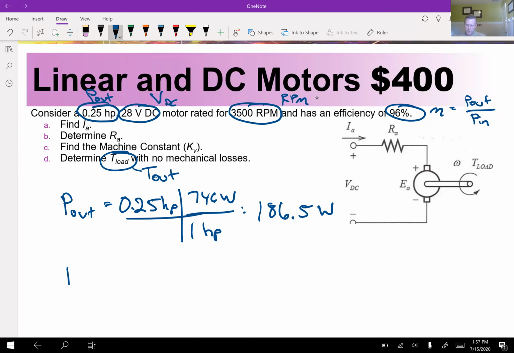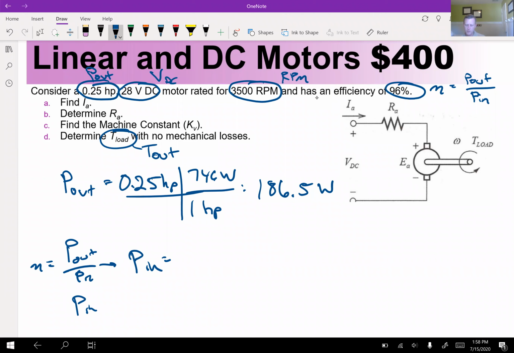I have eta is P out over P in. So if I needed my P in, which is often when I'm given efficiency and a P out, it's going to be needed. The reason I'm going to P in is because P in is where I find my current. It's an electric system. Motors are converting electrical energy into mechanical energy.